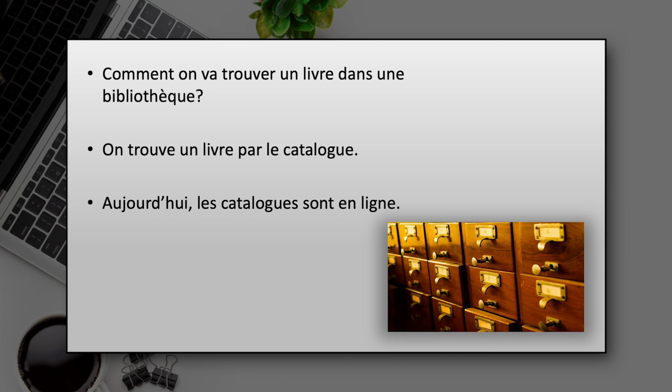Aujourd'hui, these days, but since we don't know many words in French, we are just going to use this word aujourd'hui, today. Les catalogues sont en ligne. The catalogs are online.